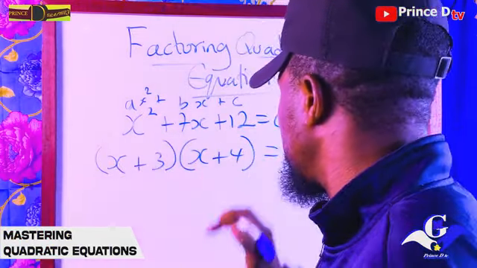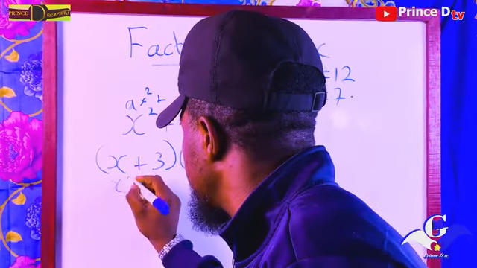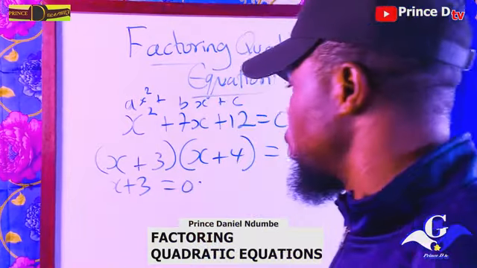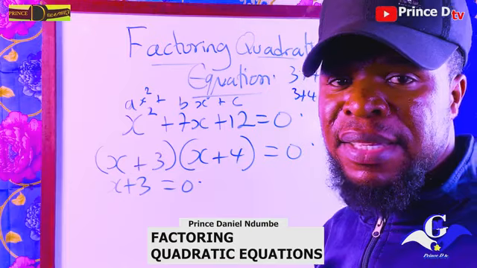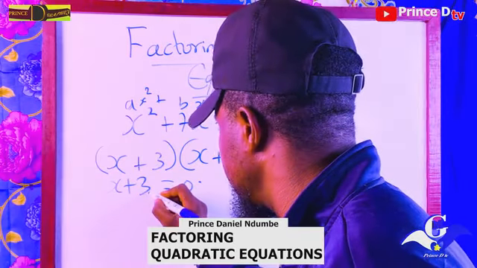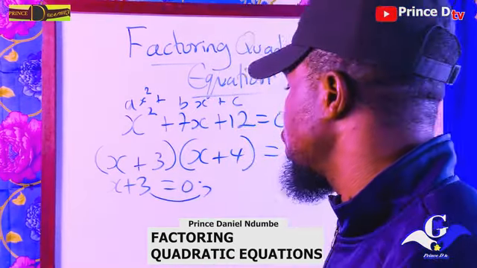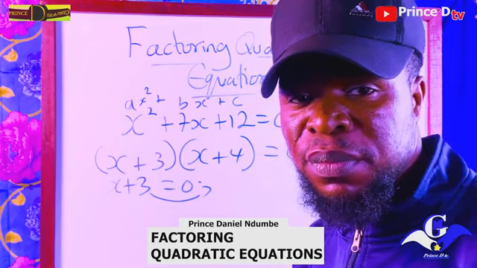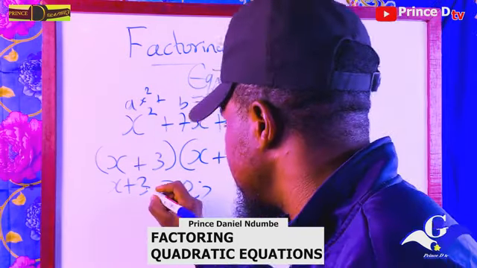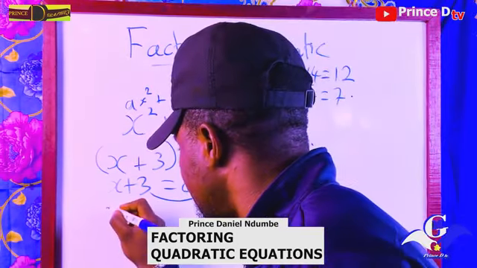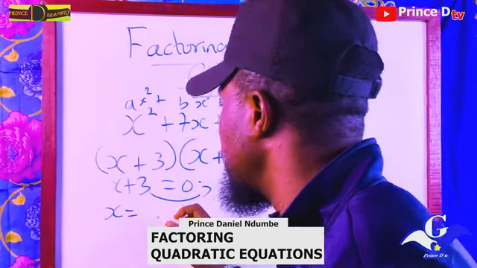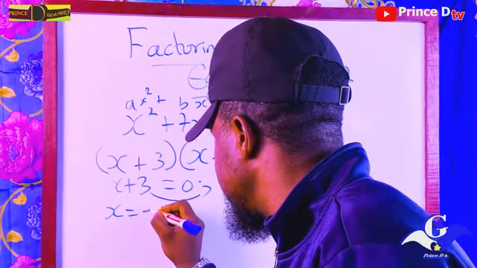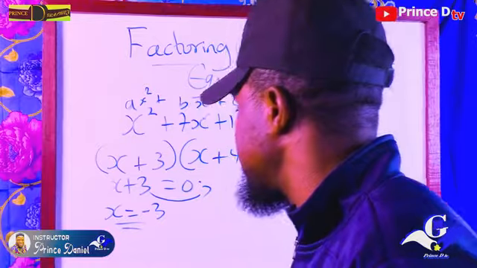So I have x plus 3 is equal to 0. Remember, simple algebra. We can send 3 this way or subtract 3 on both sides of the equation. If I send it this way, I now have x is equal to, the 3 crosses the equal sign, it becomes negative. So I have negative 3.